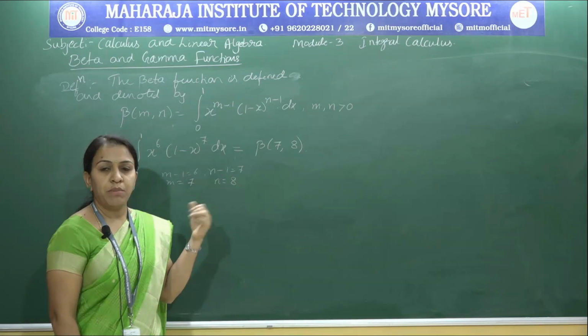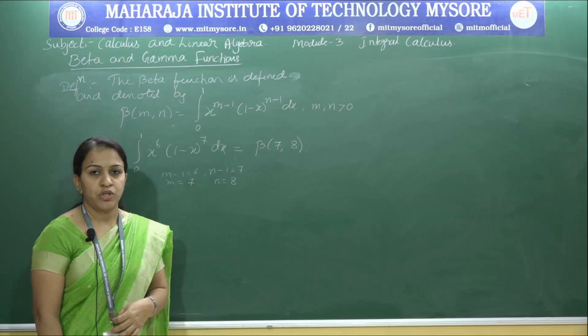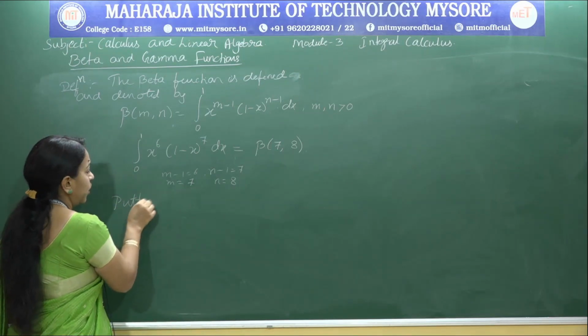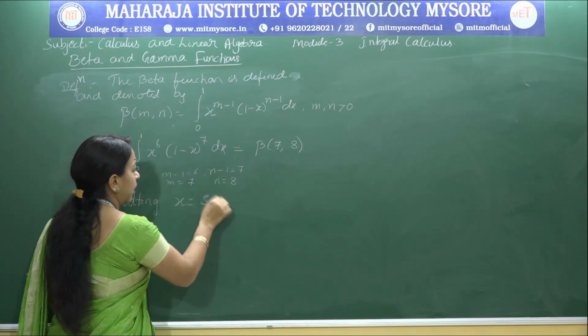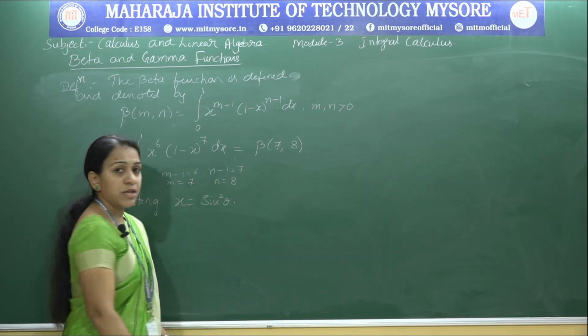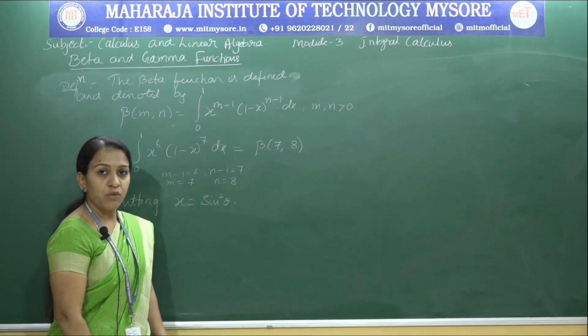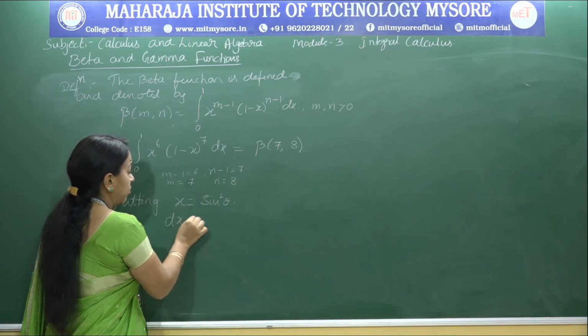And also I can define beta in another form, right? That is a trigonometric function form. So, by putting x equal to sine square theta, I can represent the defined beta function in trigonometric form.